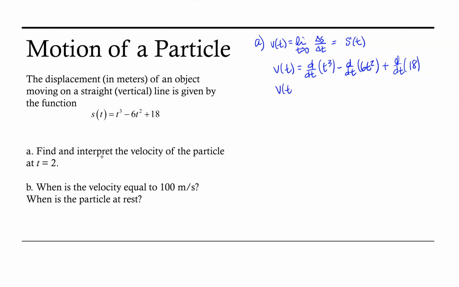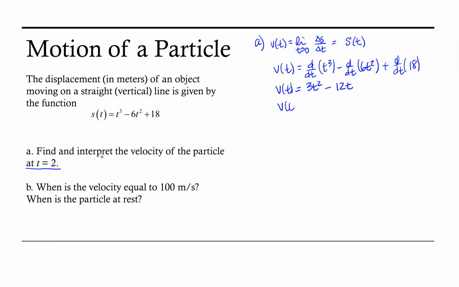Applying the various rules there, we find that our derivative is 3t squared minus 6 times 2t, so 6 times 2t is 12t, and the derivative of 18 is 0, so I'm not going to write anything for the plus 0. So there is our velocity function, and then we were asked to find the velocity at t equals 2.